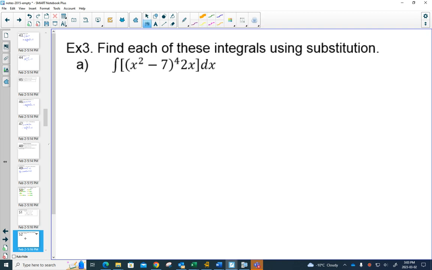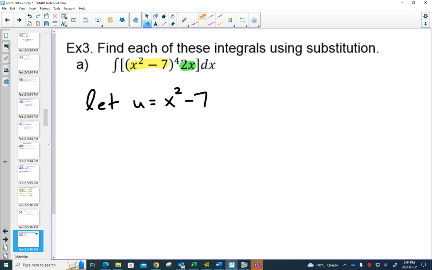So the technique looks like this. We recognize the inside function is here, and its derivative is here. So we let u equal our inside function.